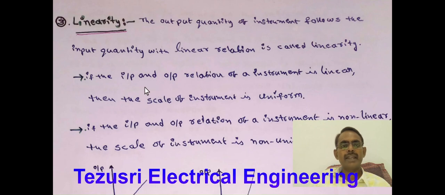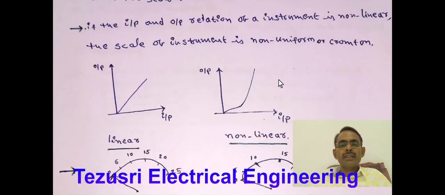Next, an important static characteristic of an instrument is linearity. When the output quantity of an instrument follows the input quantity with a linear relation, it is called linearity. If the input and output relation is linear, then the scale of the instrument is uniform. If it is non-linear, then the scale is non-uniform. Graphically, if the relation is linear, the scale is uniform throughout the 0 to full scale range.